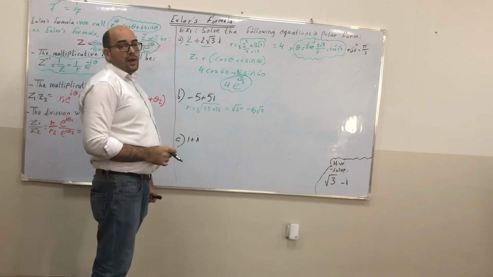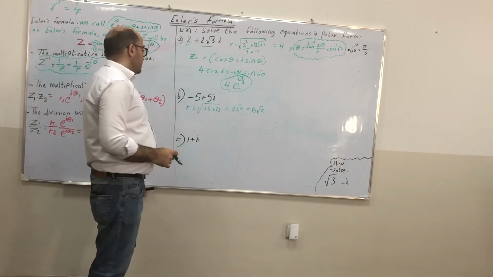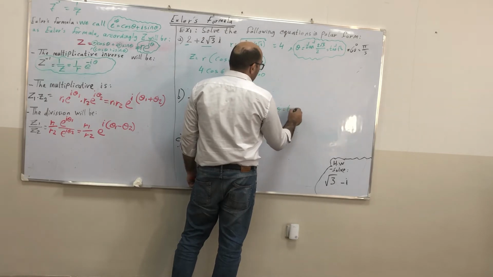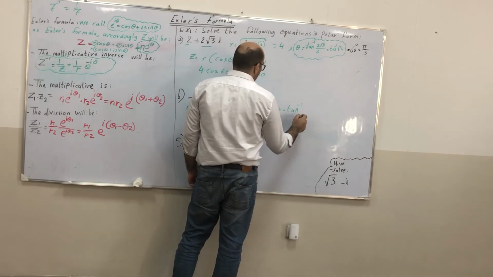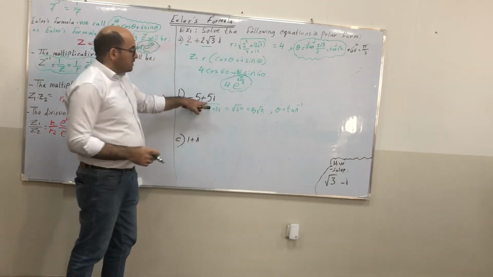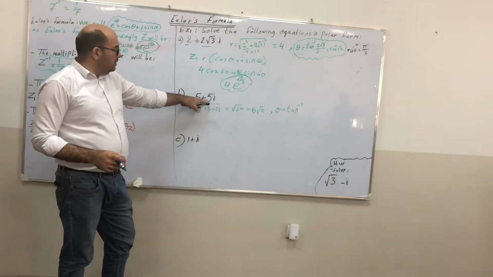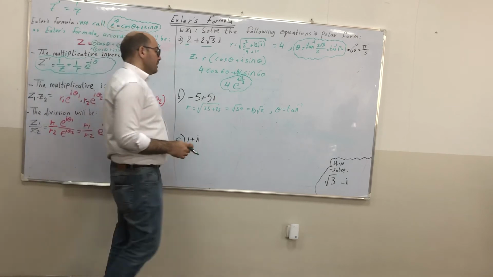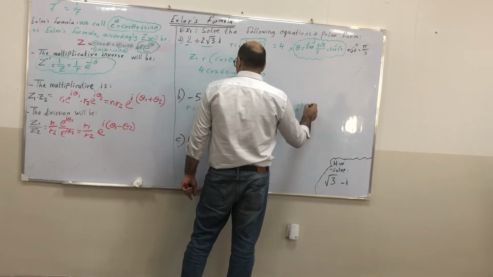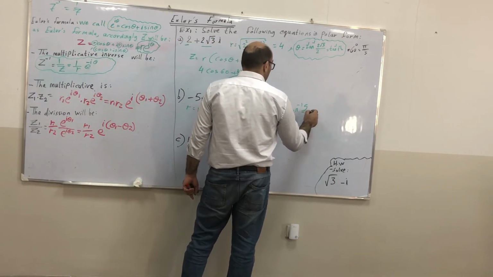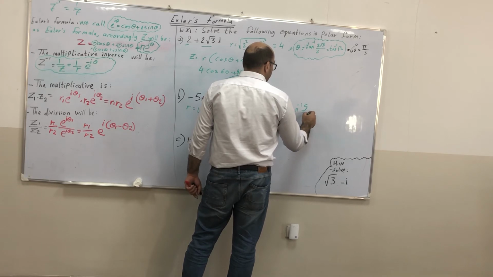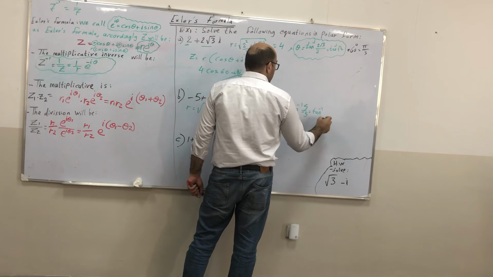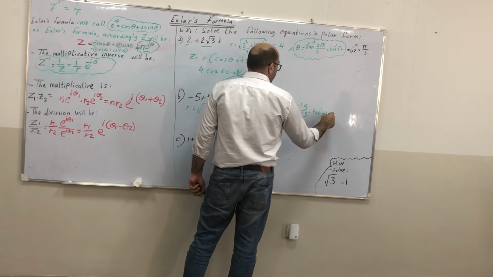Now I want to find the angle. We have said that the angle theta equals tan to the power of minus 1 of the complex value divided by the real value, which is 5 over minus 5. The result is tan inverse of minus 1.